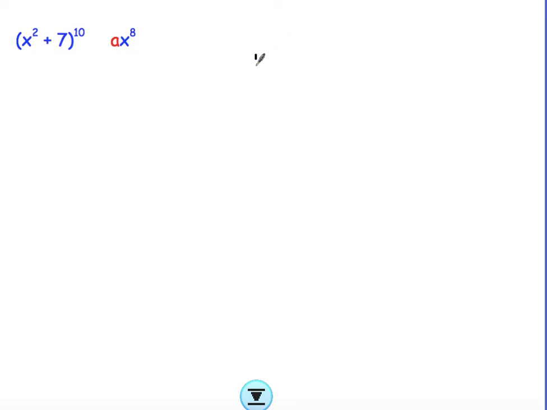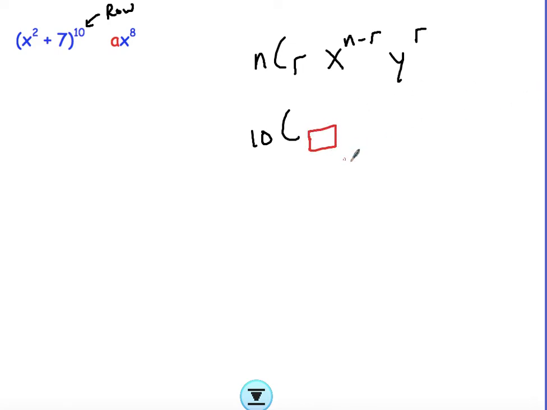Okay, I'm going to write out my formula again. And again, I know that this is the row, so I have the 10th row, so I know for sure that's a 10. And then I don't know what r is. X is the first thing listed, and the first thing listed is an x squared.